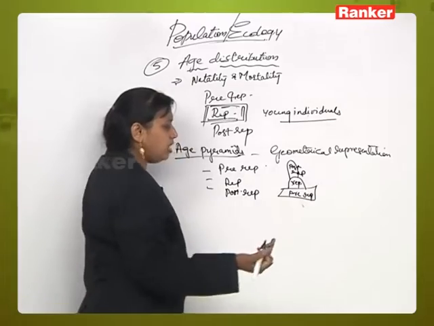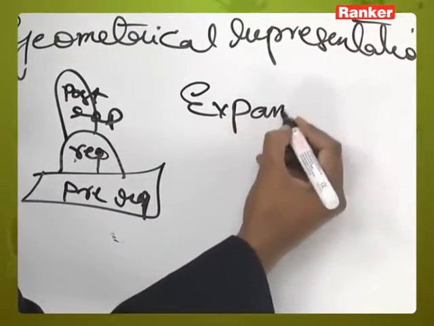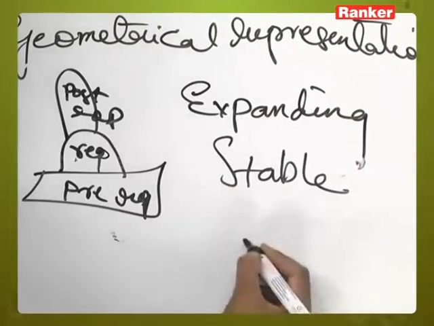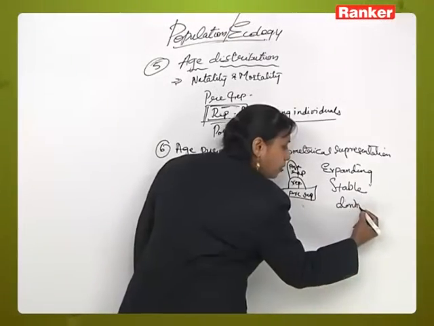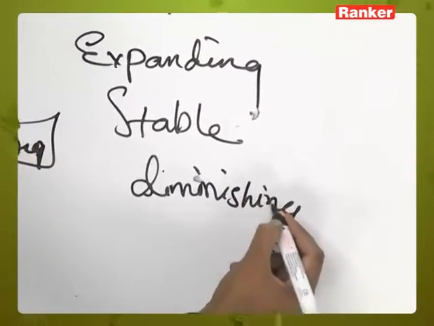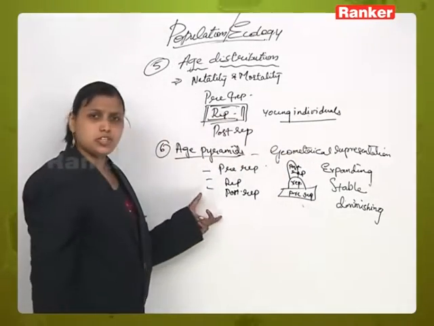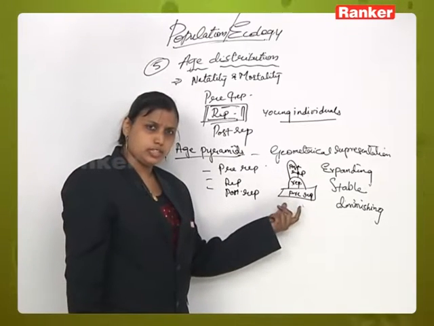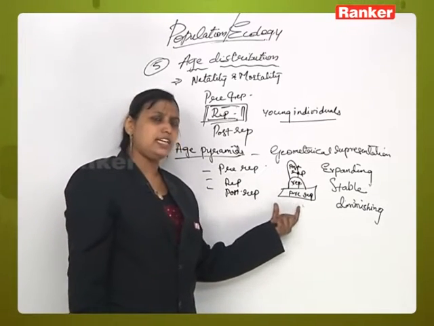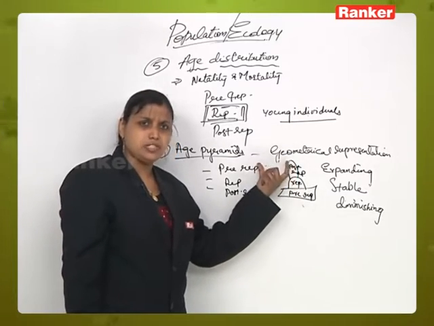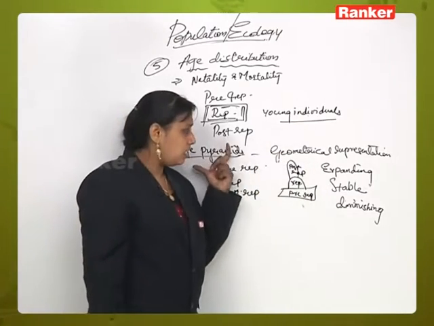So, in this the population, on the basis of the growth of different stages of reproduction, can be either an expanding type of population, stable type of population or diminishing type of population, right. So, on the basis of the growth rate or death rate of individuals either in the pre-reproductive, reproductive or post-reproductive phase, the pyramids which represent the age are called age pyramids.